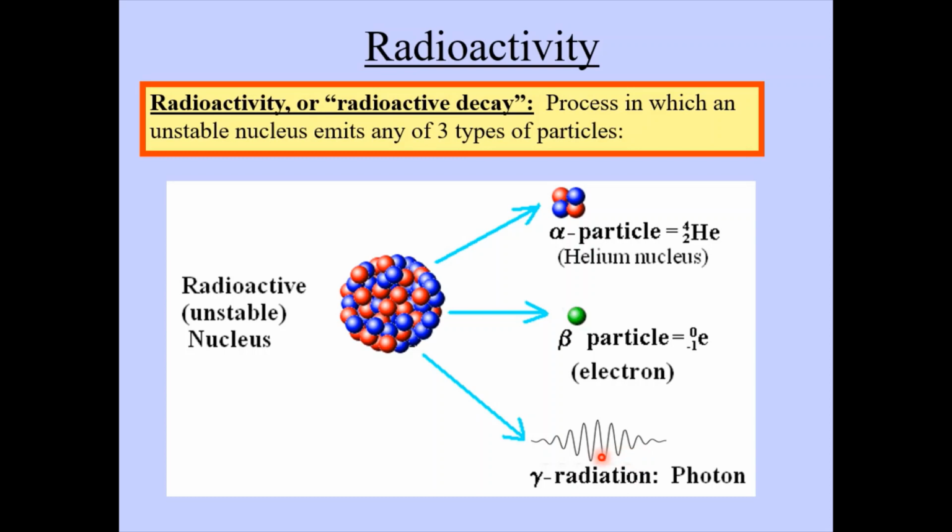Gamma rays can have millions of electron volts. So they are millions of times more energetic than regular light photons. However, it is still a photon. It's a little burst of electromagnetic energy. So these are the 3 types of radioactivity: alpha, beta, and gamma.